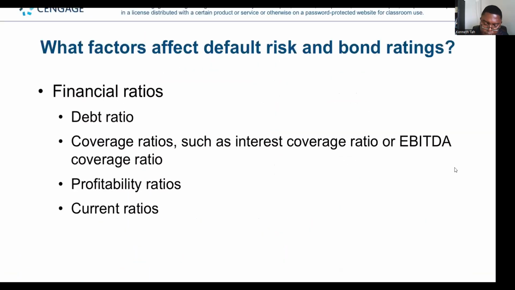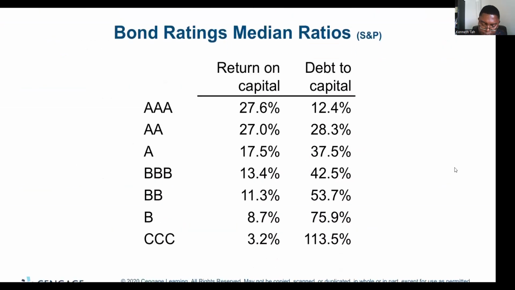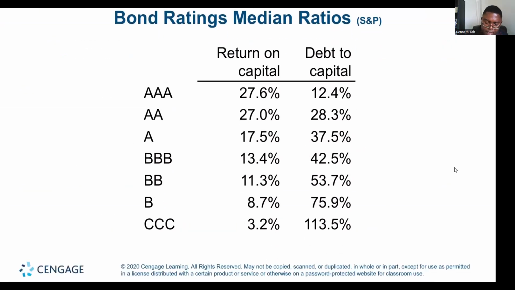There are some things that tend to affect default risk and bond rating, including financial ratios of the companies, which will affect their bond ratings and even their default risk. We can see that bonds that have a high rating tend to have high return on capital, whereas bonds with a low rating tend to have low return on capital.